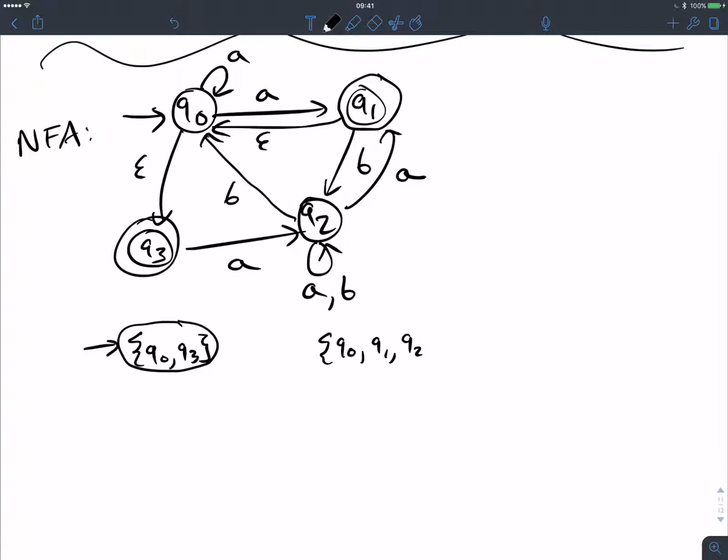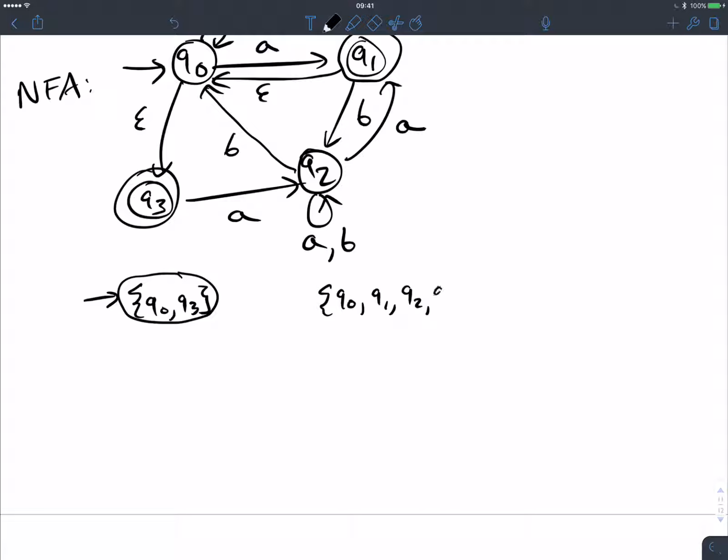Well, it must include 0, 1, and 2, but do I include 3? Yeah, because I'm in 0. So I better include Q3 in this as well. The name of the state is not important, but it is important for us to understand what the state represents, but the DFA doesn't care what the name of the state is.